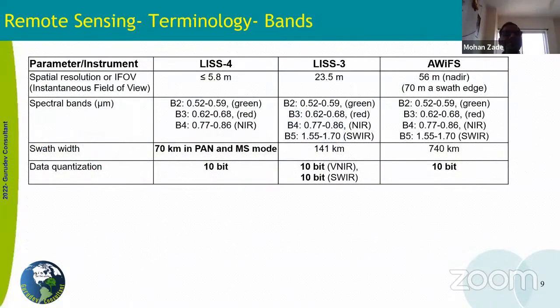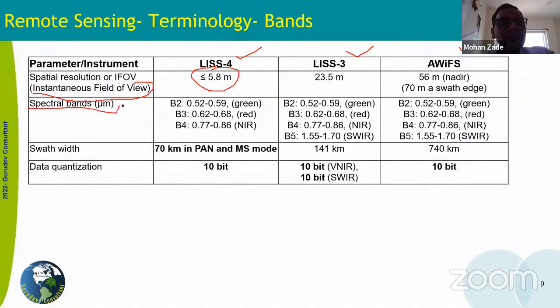These are some of the terminologies of the various satellite data that comes, and you must know spatial resolution, or sometimes it is called instantaneous field of view, but it is nothing but your spatial resolution. So we have Landsat 4, Landsat 3, AWiFS data: less than 0.5 meter, 23.5 meter, and 56 meters.